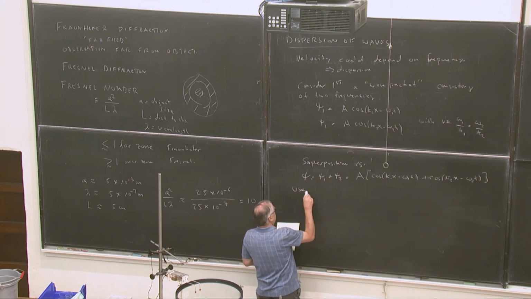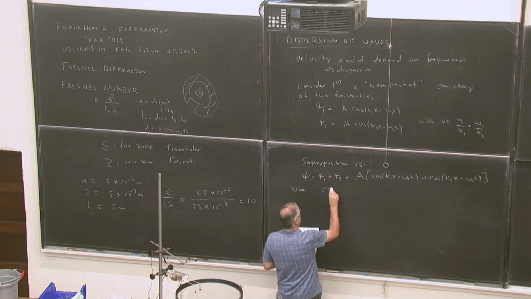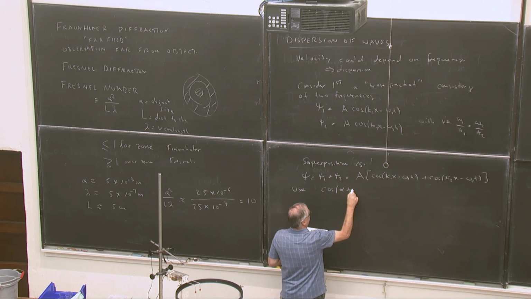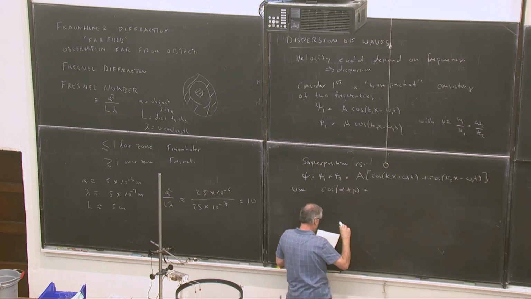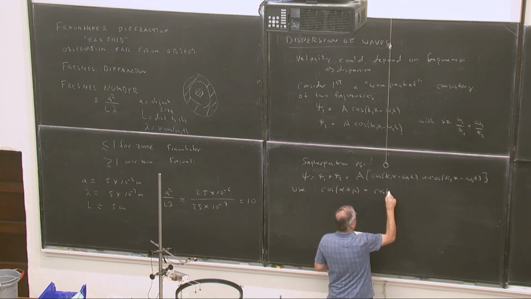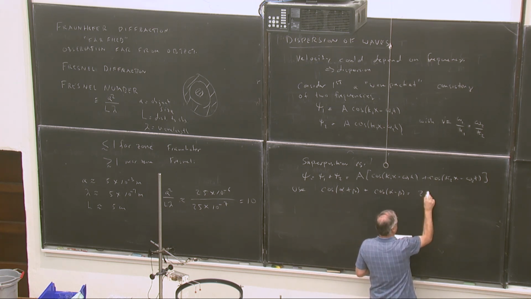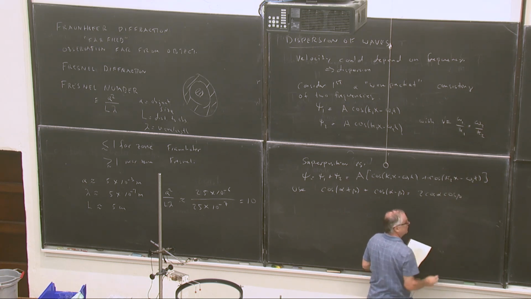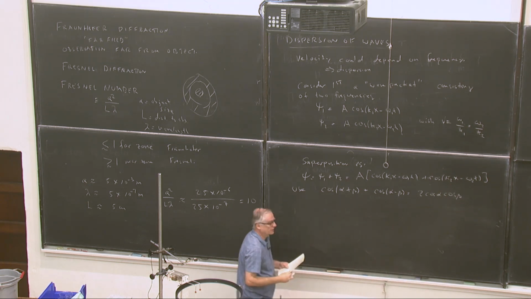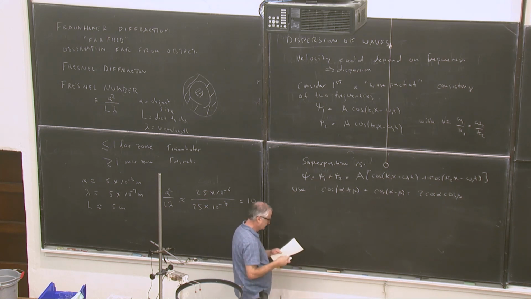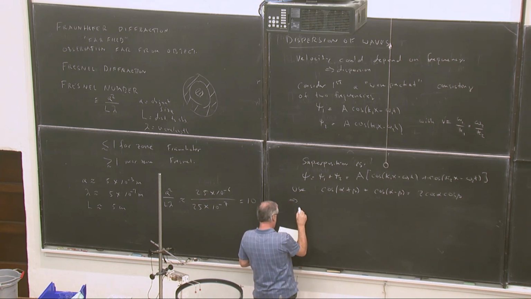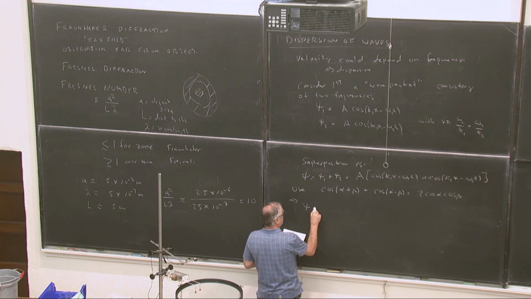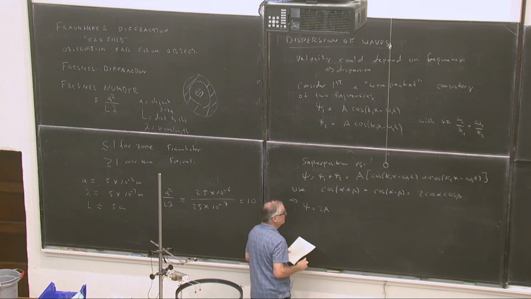So we'll use the identity that says that cosine of alpha plus beta plus the cosine of alpha minus beta is given by 2 cosine alpha cosine beta. It's just a trig identity. And so then we can write psi is equal to 2A.